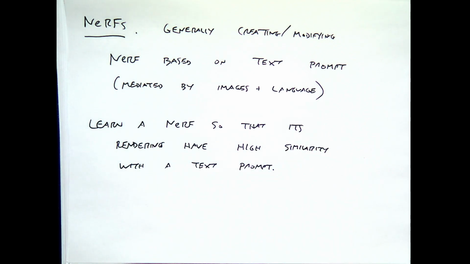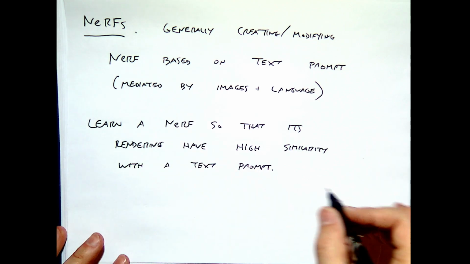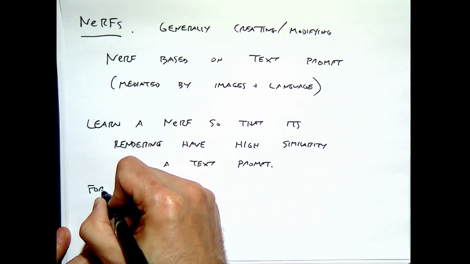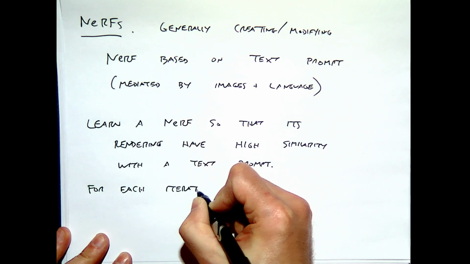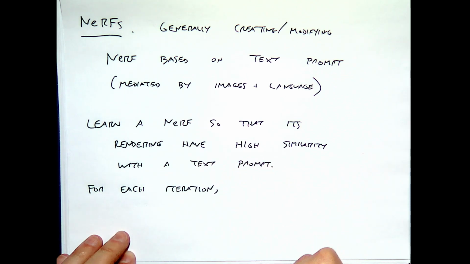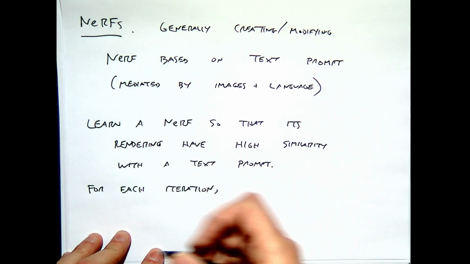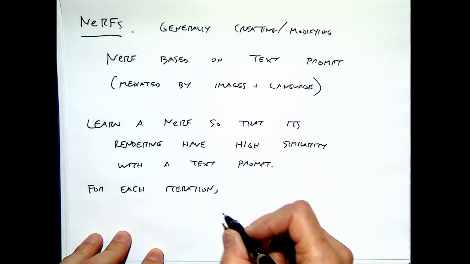The hidden assumption here is that the text prompt that you would call a rendering should basically be the same no matter what angle you look at the object from. So if I've got a koala wearing a hat, no matter what direction I look at it from, I could still describe it as a koala wearing a hat. And so the idea is that for each iteration of training... so let me say what I'm describing here.